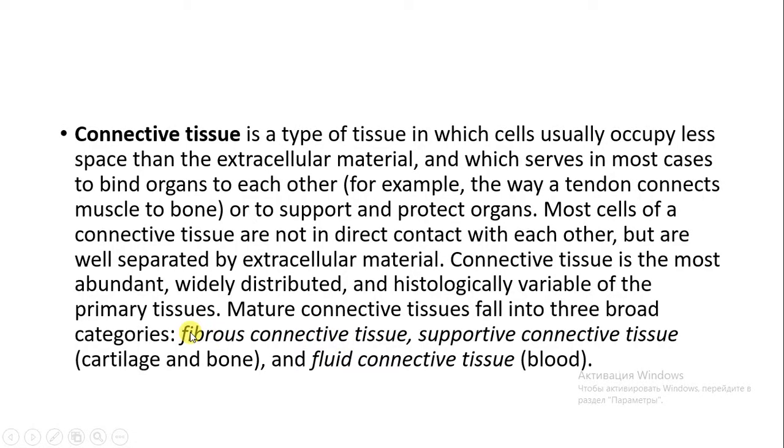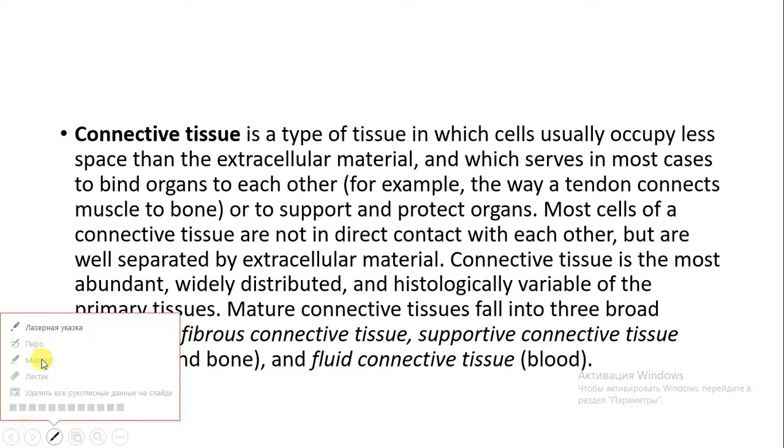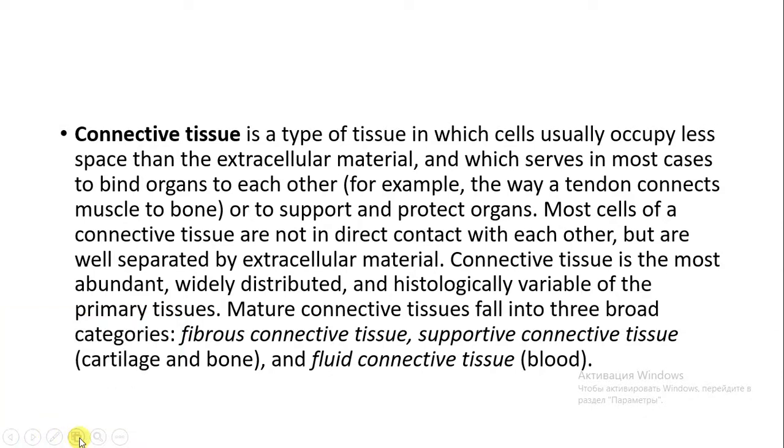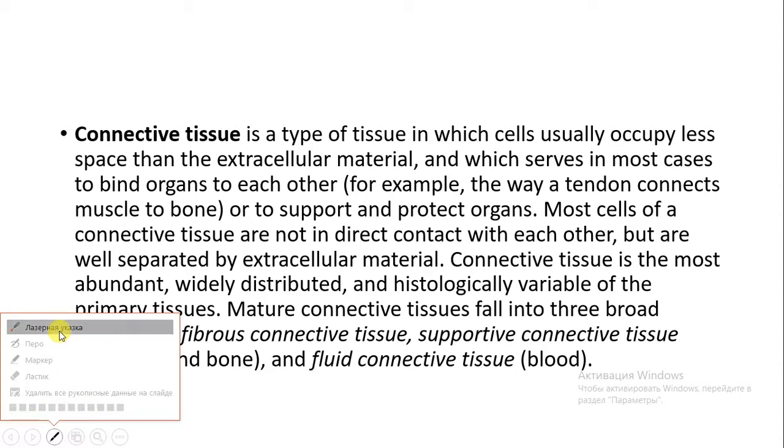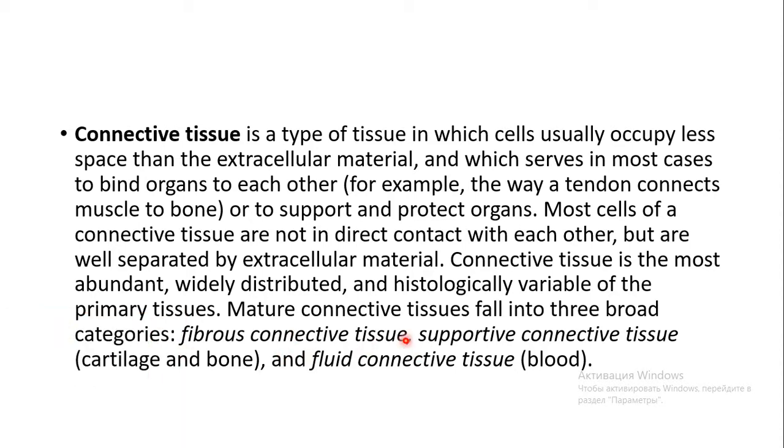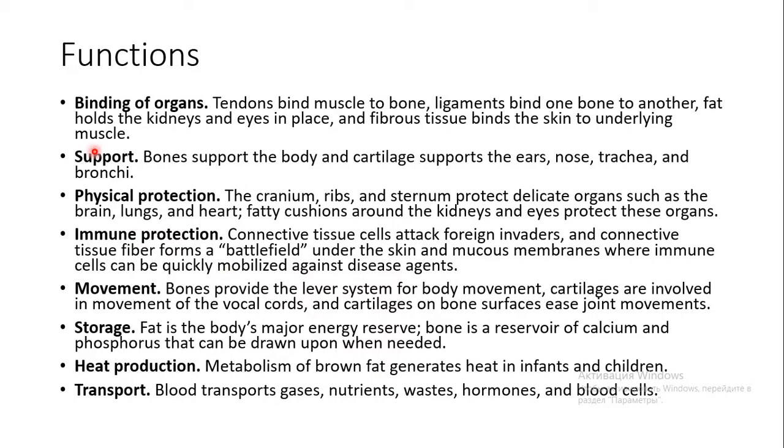And we classify all these connective tissues into fibrous connective tissue, supportive connective tissue like cartilage and bones, and fluid connective tissue. This classification we will discuss later. But now functions.